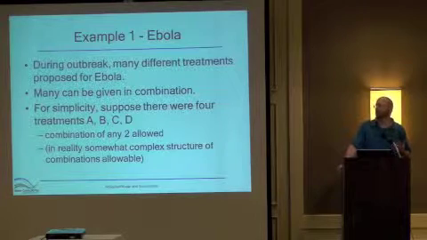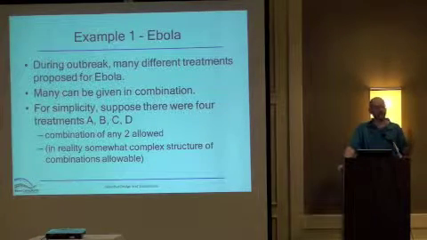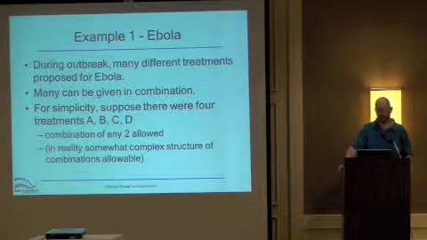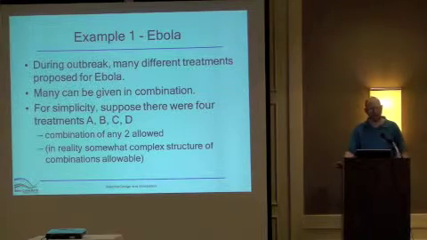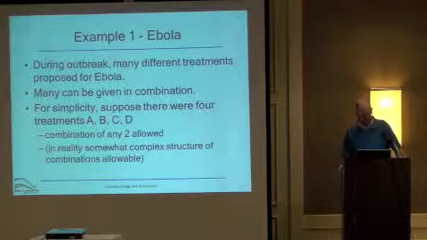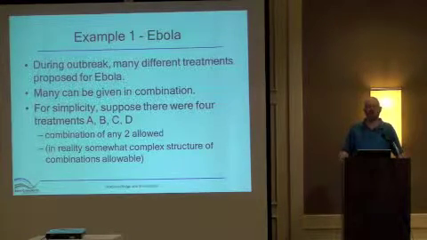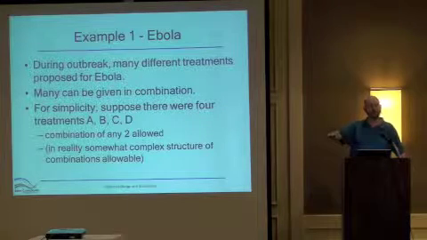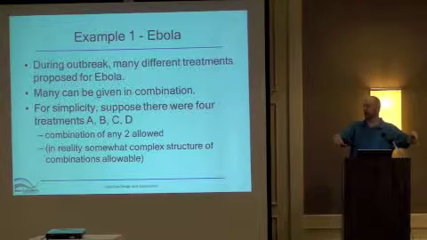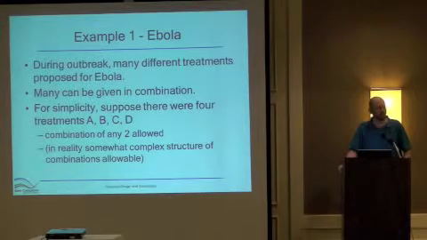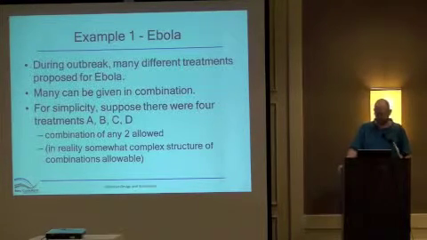For simplicity, I'm just going to assume there were 4. For reference, there were more than 4, and they came in different domains, and this was a little more complicated. But I'm just going to call them A, B, C, and D. We're also going to allow combinations. There was some thought that certain kinds of supportive care combined with antivirals might be good, so the notion of having 2 treatments was on the table.